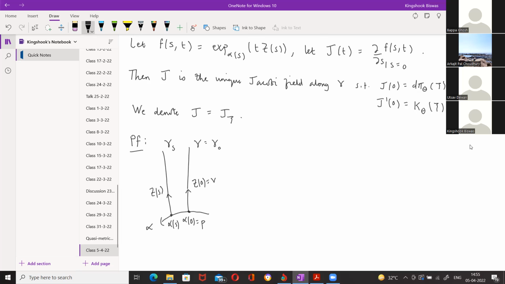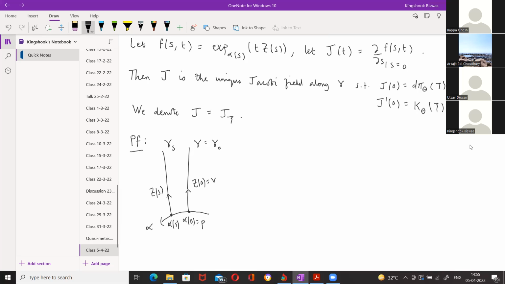So what is J0? J0 means I fix t equal to 0 and I differentiate in the S direction, right? So that will be just the derivative of this curve alpha at time 0, right?